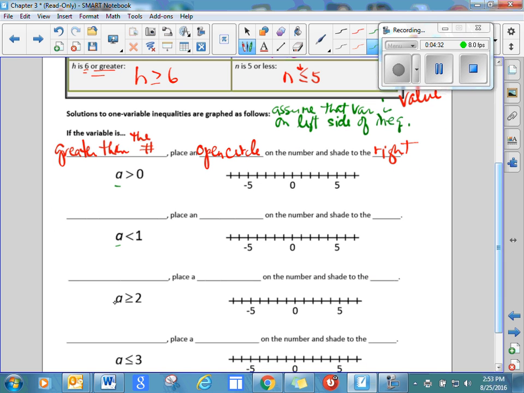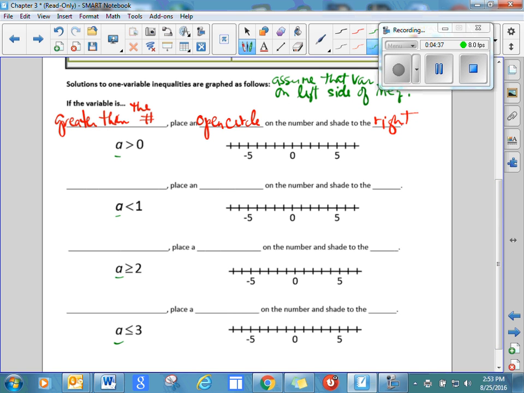These are all on the left side. We'll talk about the other cases in a minute. So open circle, shade to the right. A is greater than 0. I'm going to put an open circle on my target number, which is this guy right here, and I want all the numbers that are larger than 0, and of course they are going this way. So any of the numbers next to greater than 0 will make a true statement.